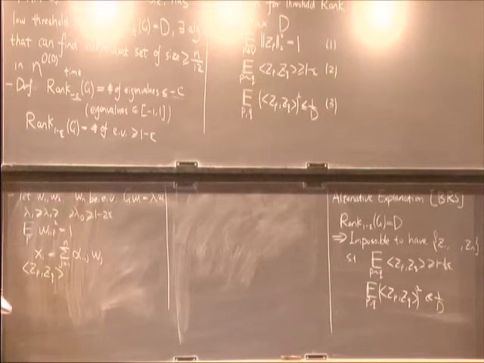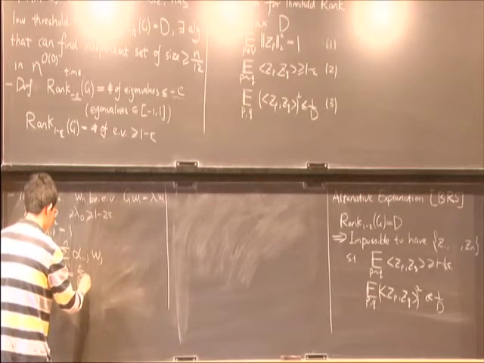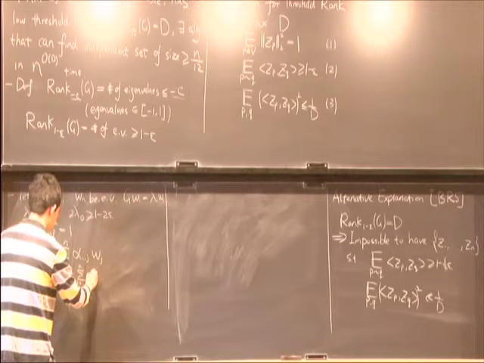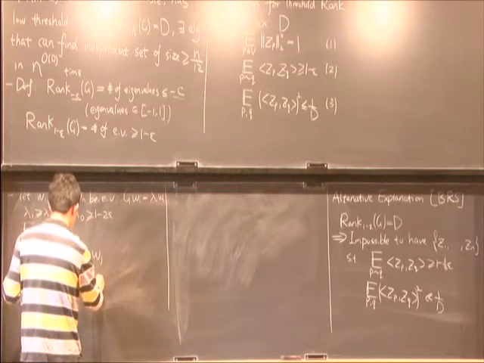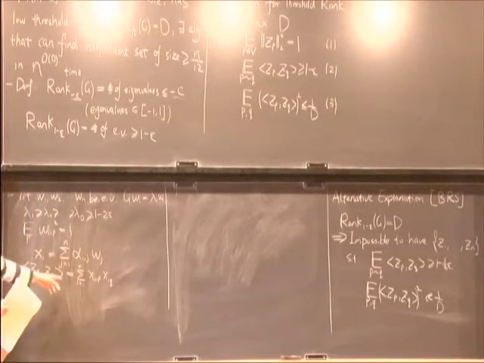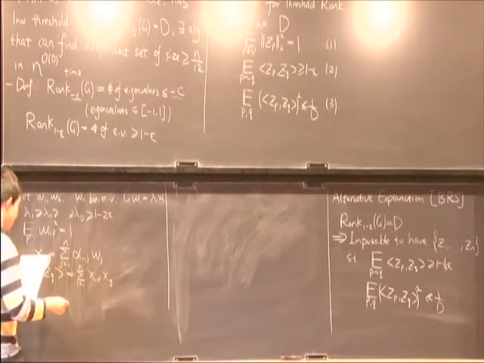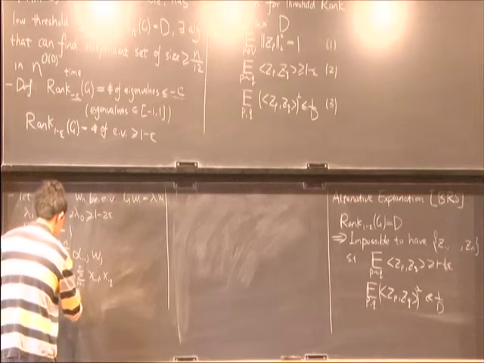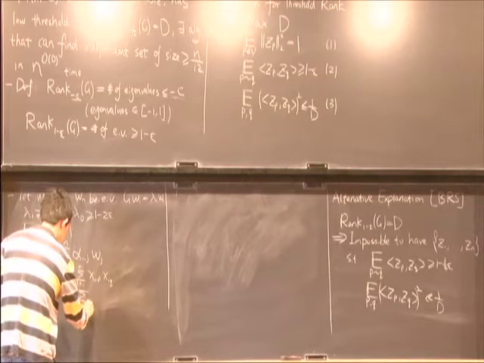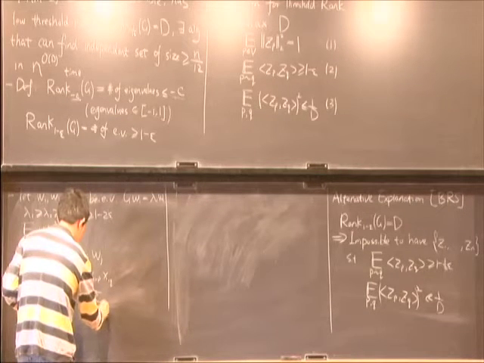Well, now this is a bit complicated because z_p z_q is actually the sum over i from 1 to n, x_i(p) x_i(q).